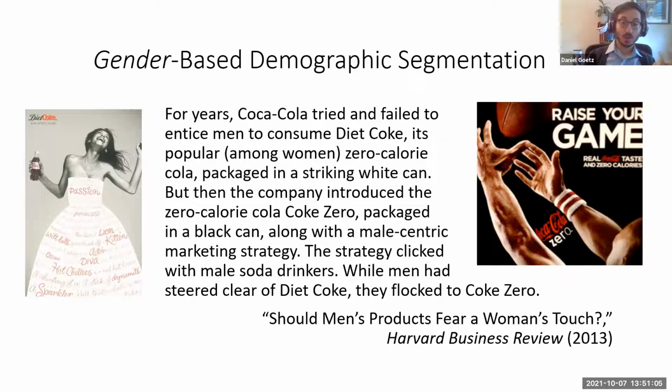For years, Coca-Cola tried to get men to consume Diet Coke, which was very popular among women, 0 calorie cola, but they failed. And so they introduced 0 calorie Coke Zero, which is in a black can, and they gave it this more stereotypically masculine advertising strategy. And men didn't like Diet Coke, but they loved Coke Zero.